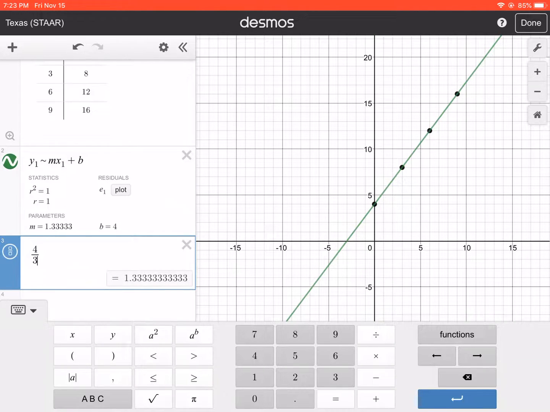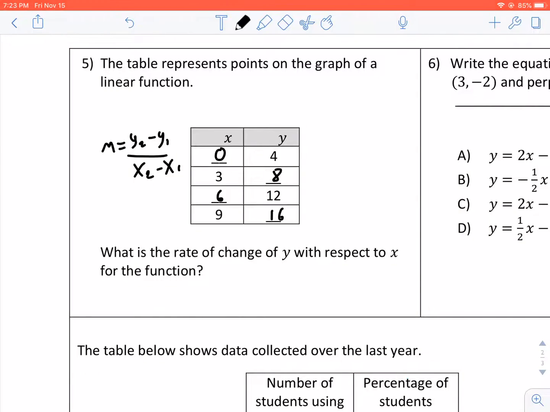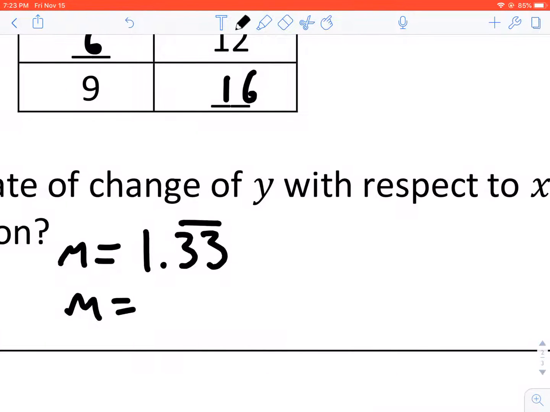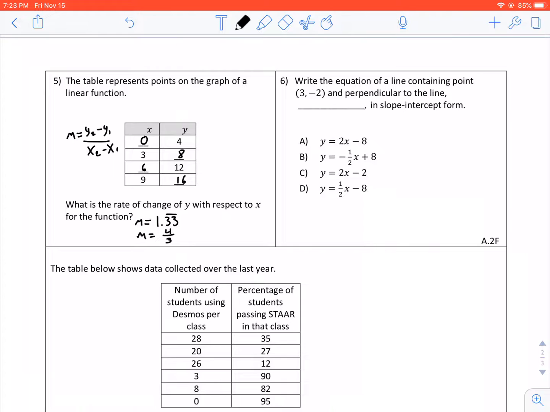So if I go back to the paper, I can write either 1.33 with a bar up top as my slope, or I could do m is equal to 4 over 3. And I figured out what my rate of change was, which was extremely easy when you're using Desmos. So woohoo for that, I guess.